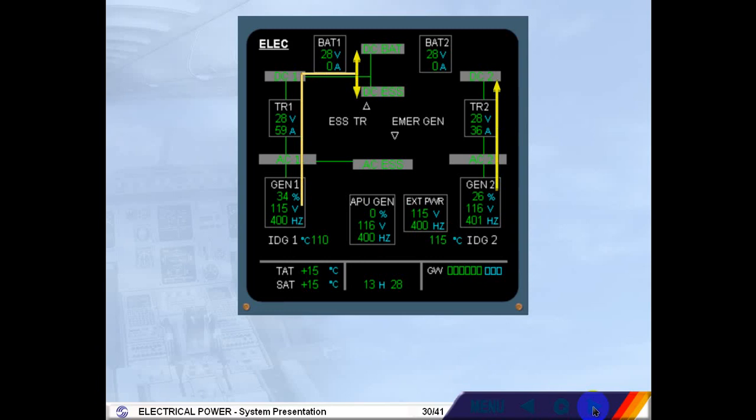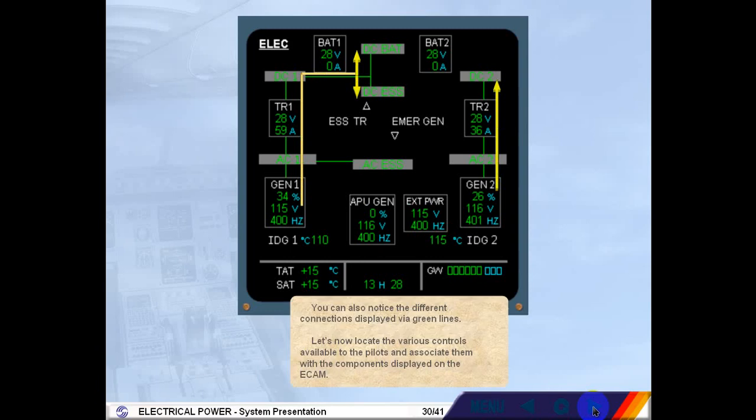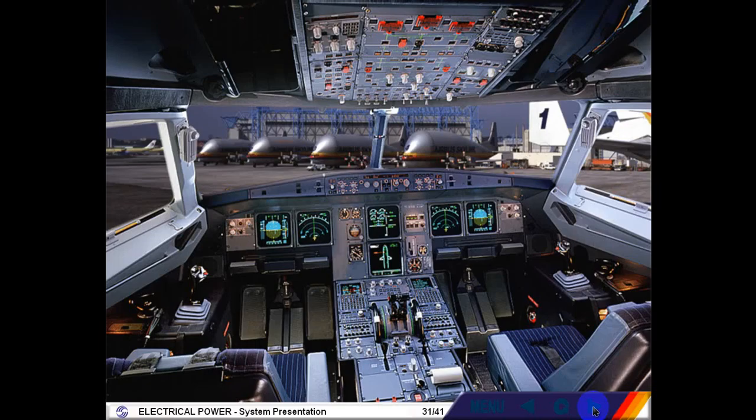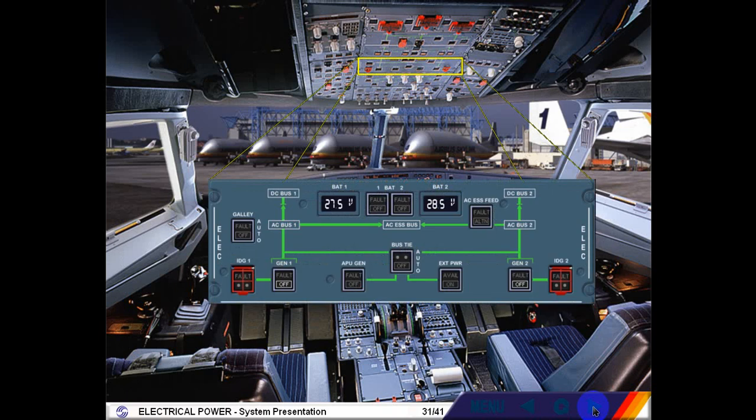Let's now locate the various controls available to the pilots and associate them with the components displayed on the ECAM. The electrical panel is located on the overhead panel.